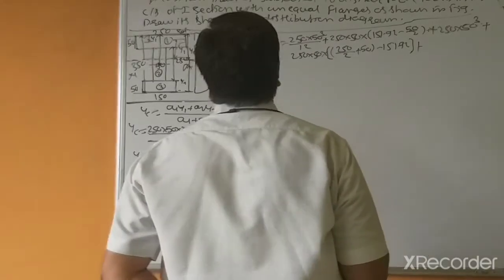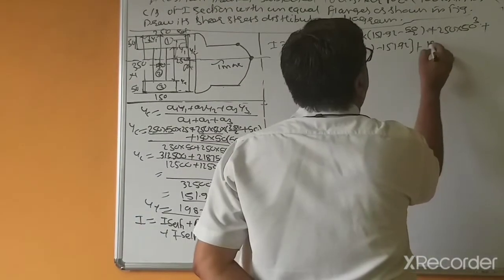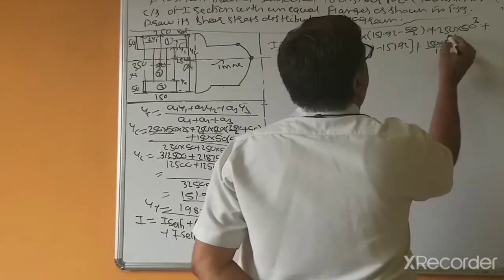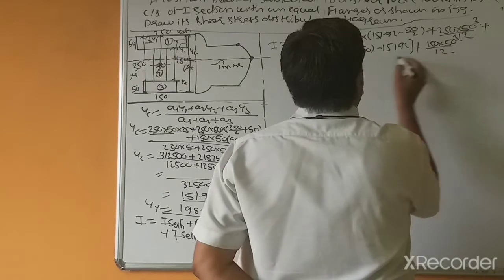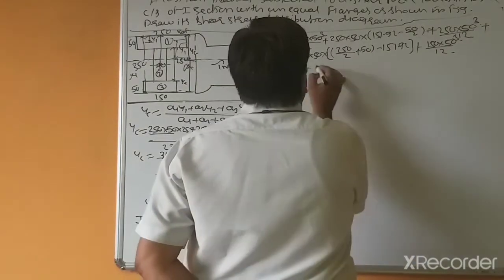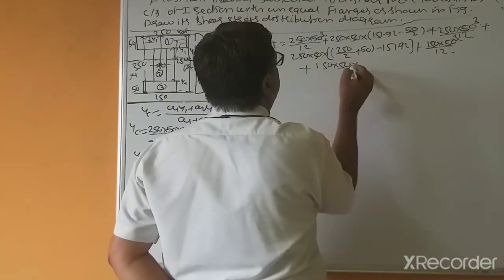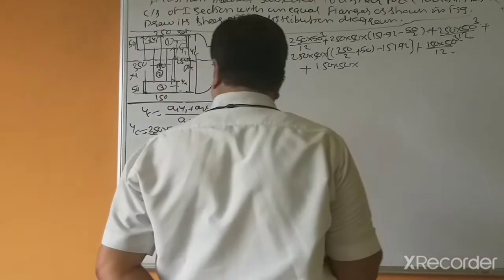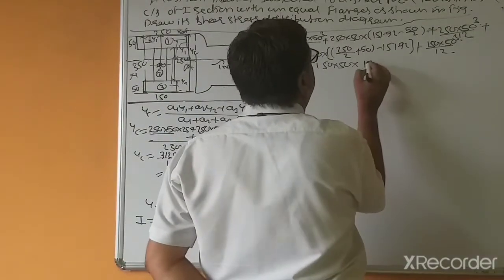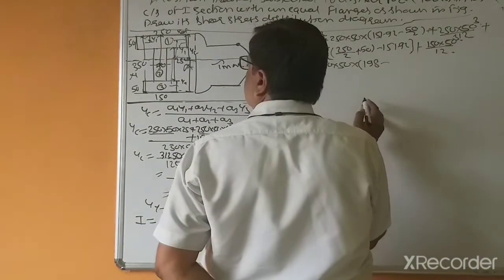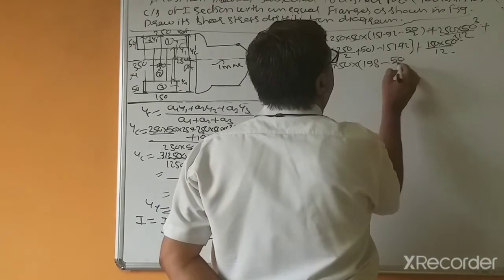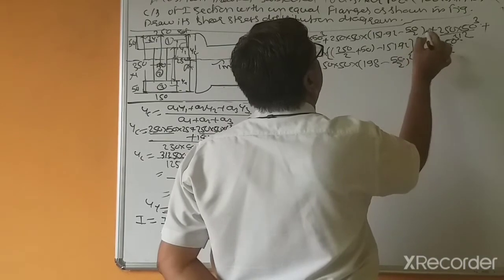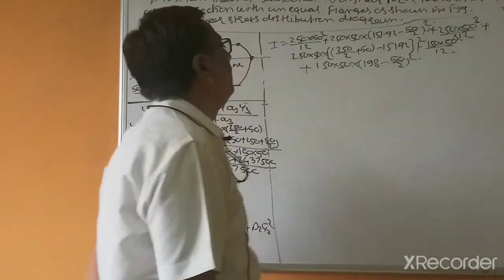Plus 150 into 50 cube divided by 12, this is also divided by 12, and plus 150 into 50 into, now this distance total 198 minus 50 divided by 2, bracket square, here also bracket square.